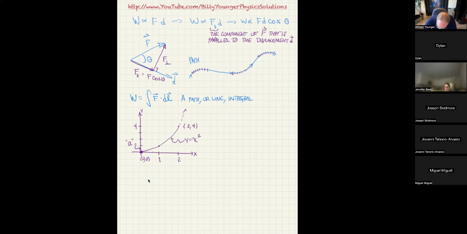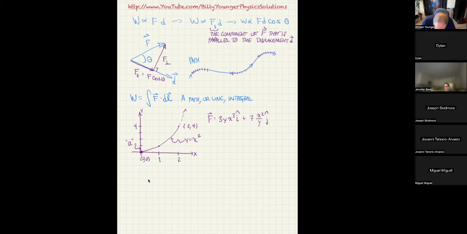So for instance, if you had something like F equal to 3y x cubed i hat plus 7 x squared over y j hat, if that was your force, then what you could do to actually make it a path integral is go in and replace the y with x squared.